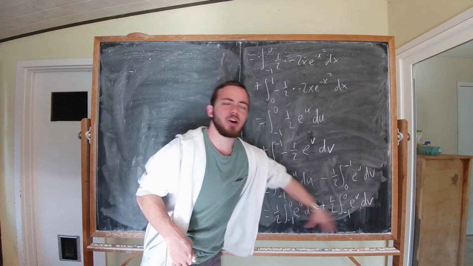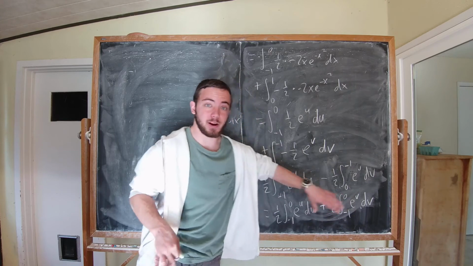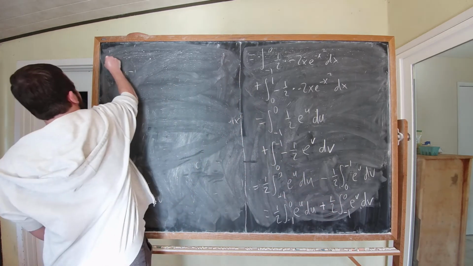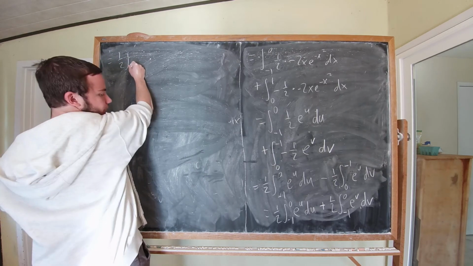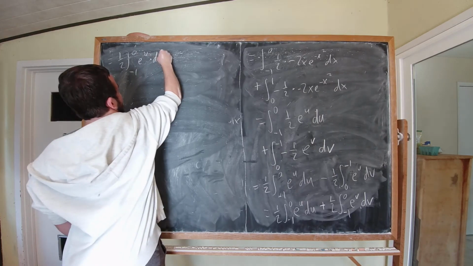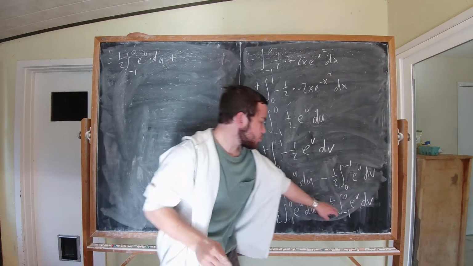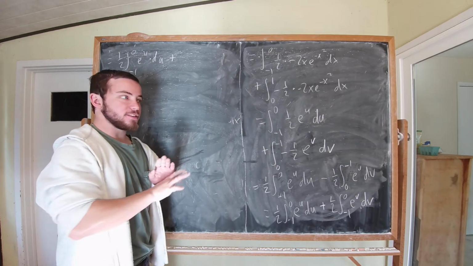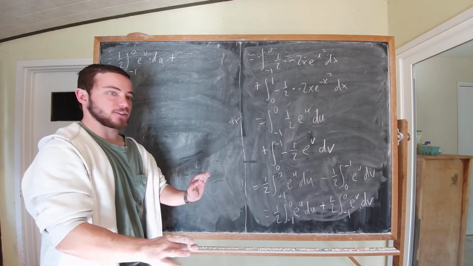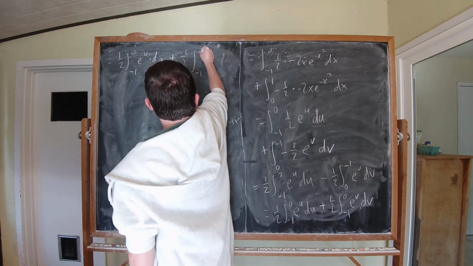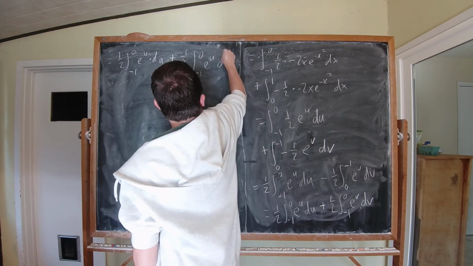So if you want, go ahead and just evaluate the definite integrals from here. However, if you're feeling spicy, you could say this is 1/2 times the integral from -1 to 0 of e to the u du, plus, I'm just going to change v to a u. If I change all the v's to just a plain u, that works out. Plus 1/2 times the integral from -1 to 0 of e to the u du.